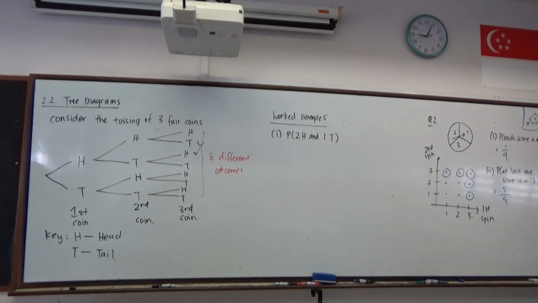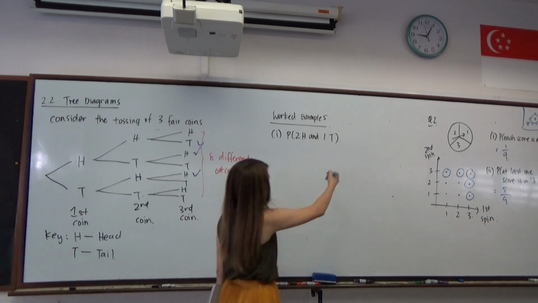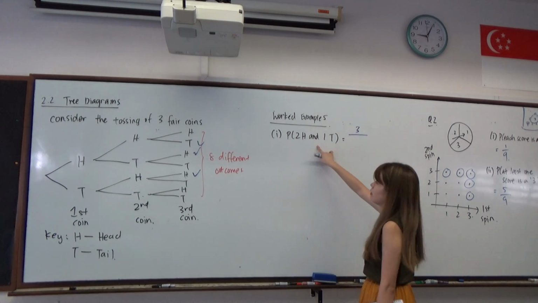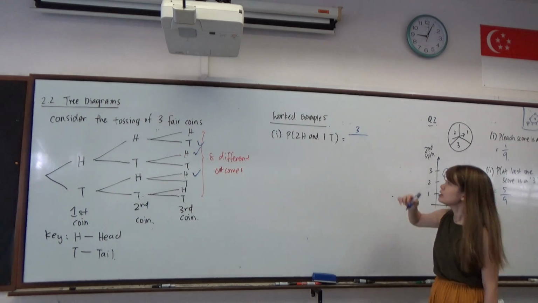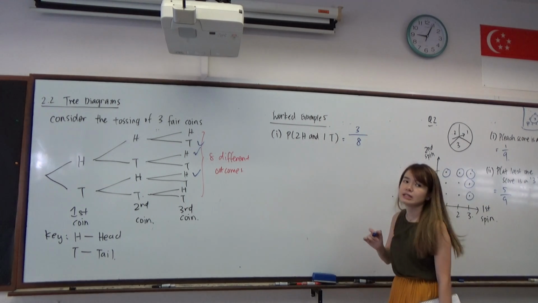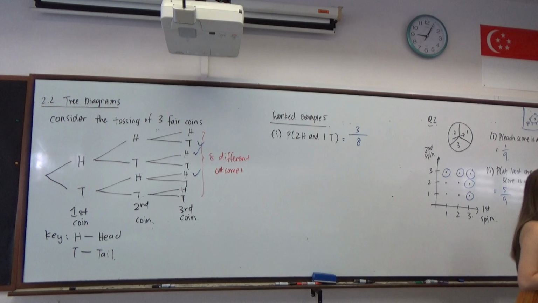Okay, so there are 2 combinations that will give you 2 heads and 1 tail. Right? Okay, sorry, one more over here. Did I miss out any more? No. Okay, so there are 3 different combinations that will satisfy this event. So therefore, the probability is 3 out of 8 different outcomes.